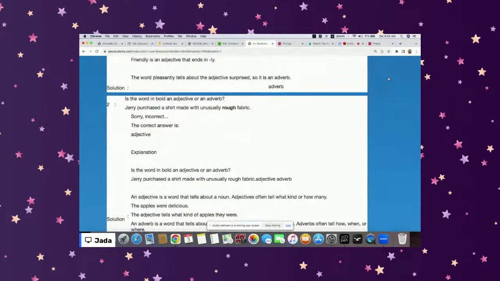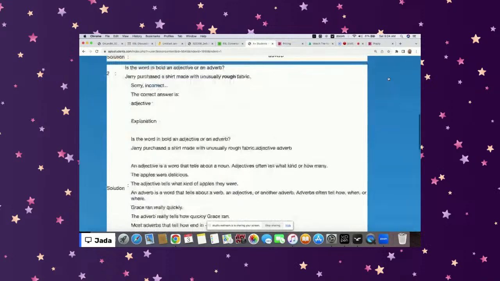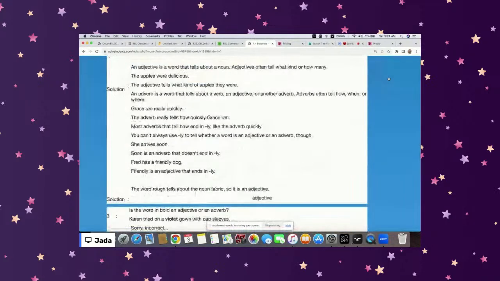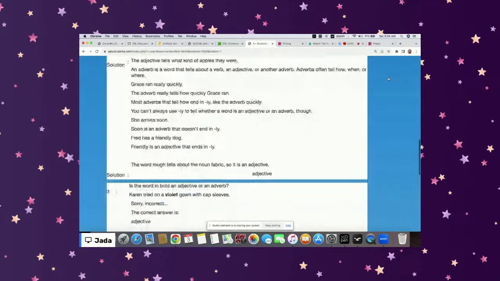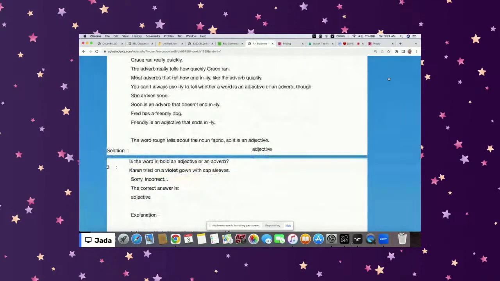Okay. So the rough here is an adjective. If you want to say the adverb of rough, it's like roughly made fabric, roughly. Karen tried on a violet gown with cap sleeves. Violet is also what? Adjective.